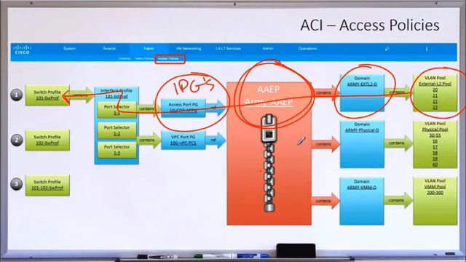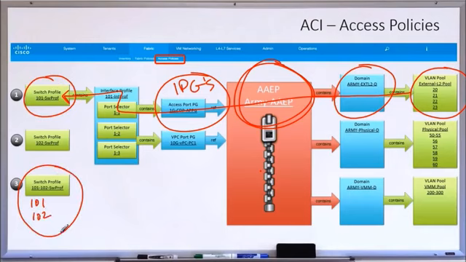Through that relationship and all these different components, now basically the APIC knows that this specific switch referenced in this specific profile, or these specific switches, which in this case would be 101 and 102, need any of the VLANs that are contained and thus tied through that AAEP.